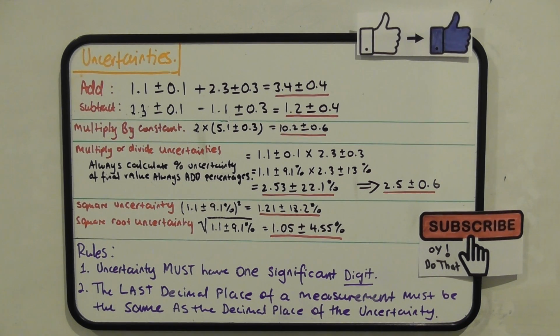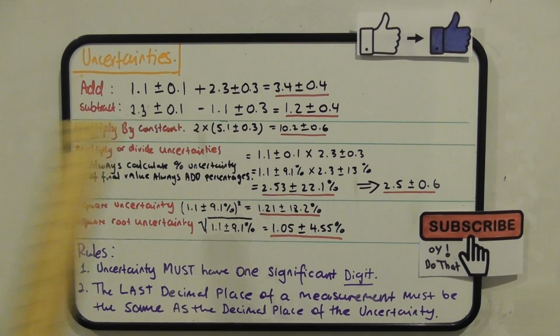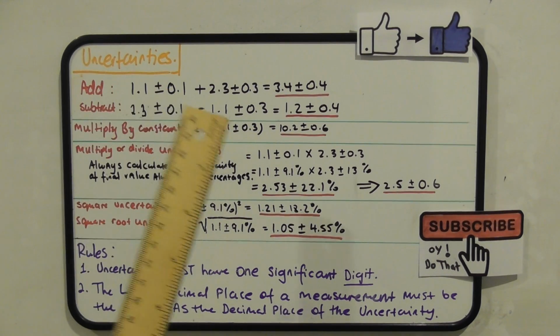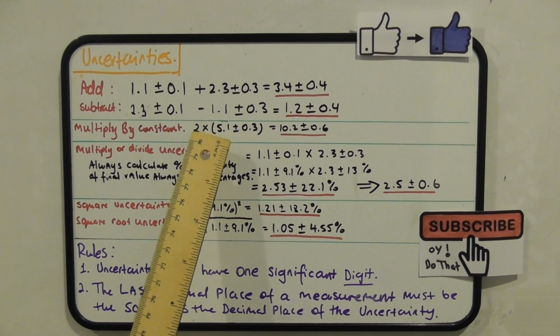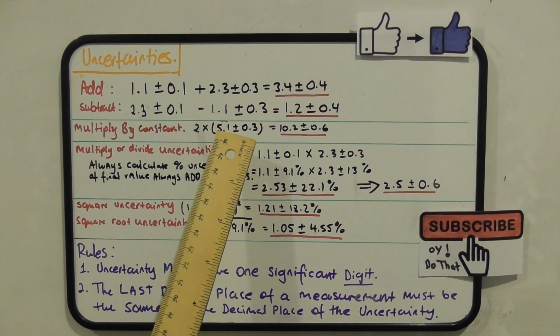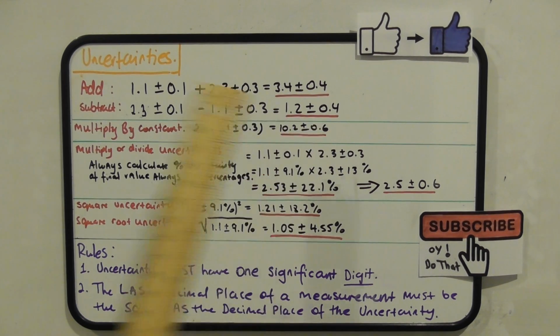Now, if you were to multiply a value with an uncertainty by 2, such as in this case, any constant that is multiplied by a value with an uncertainty gets multiplied. So in this case, 2 would get multiplied by the value and by the uncertainty.